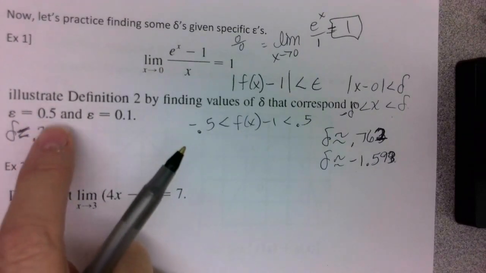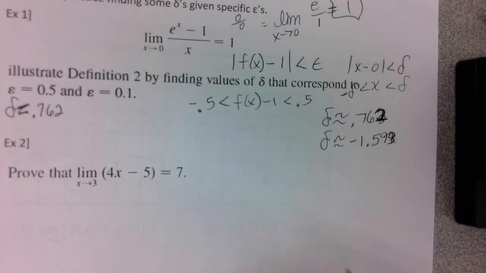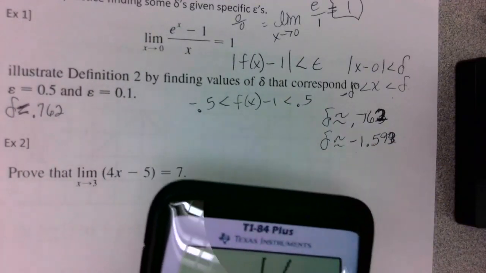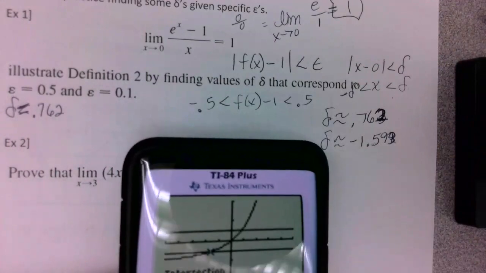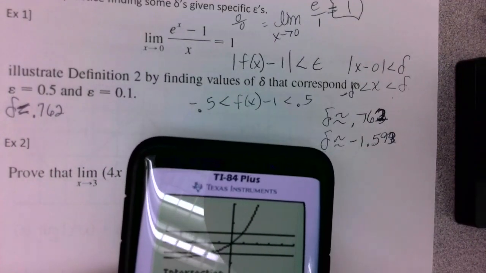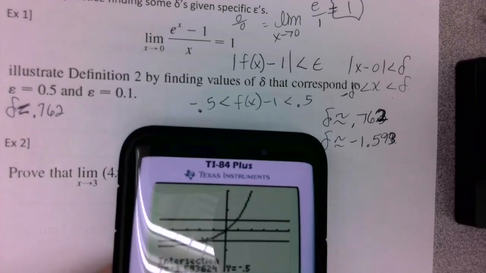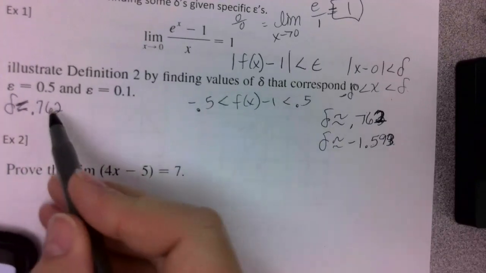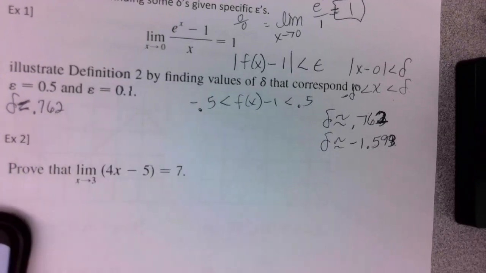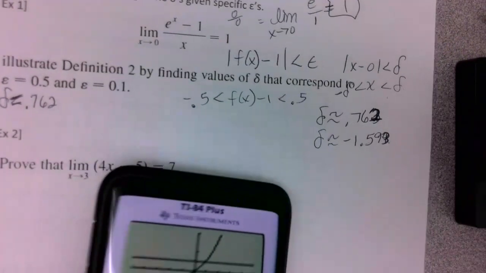So this is also a part of calculus that is a little bothersome because anything less than that whole number, 0.7626, whatever. So we could have had 0.7621 or whatever.